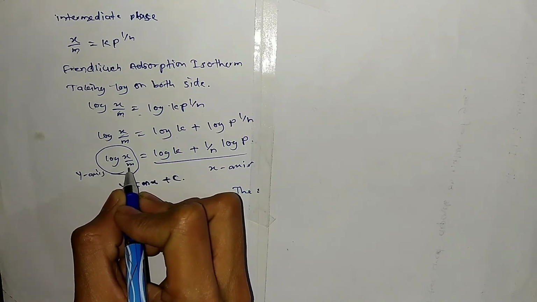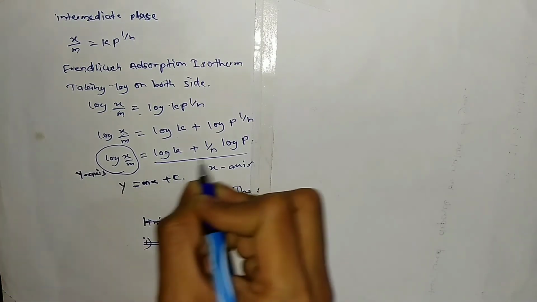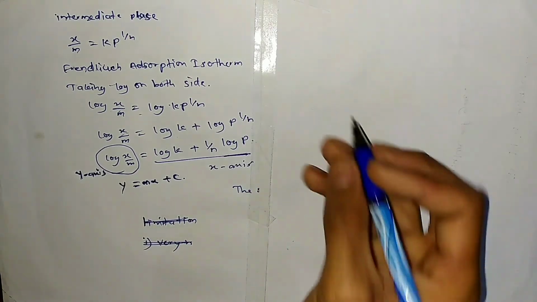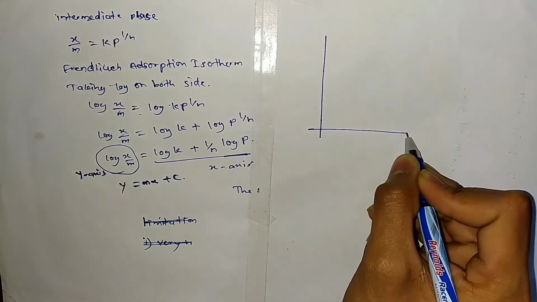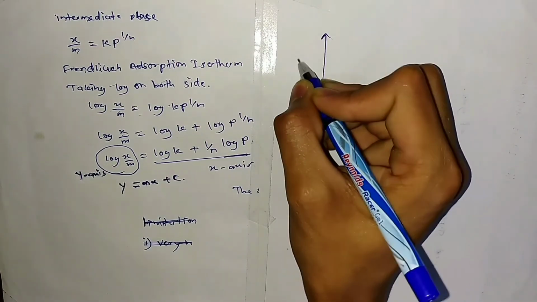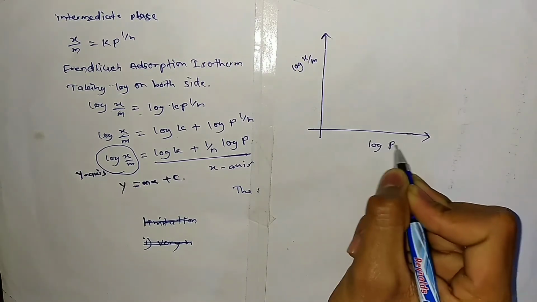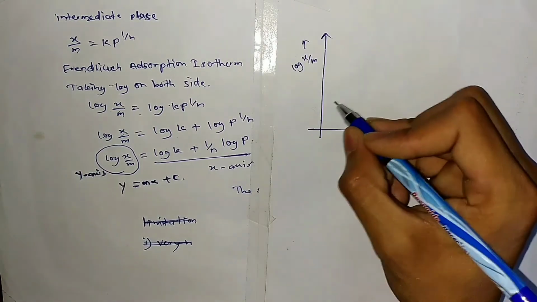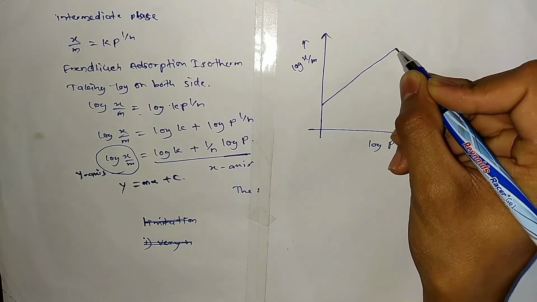Log x by m we show on the y-axis, and log p on the x-axis. If we plot the graph of Freundlich adsorption, it will look like this.